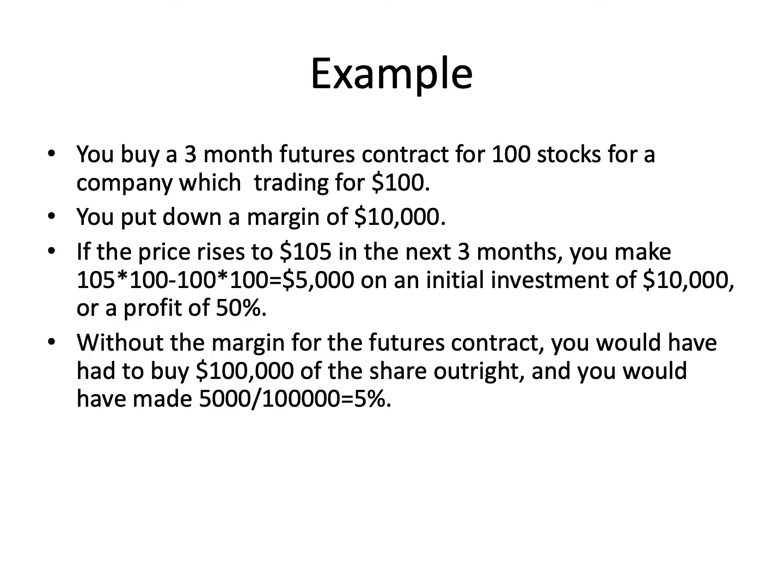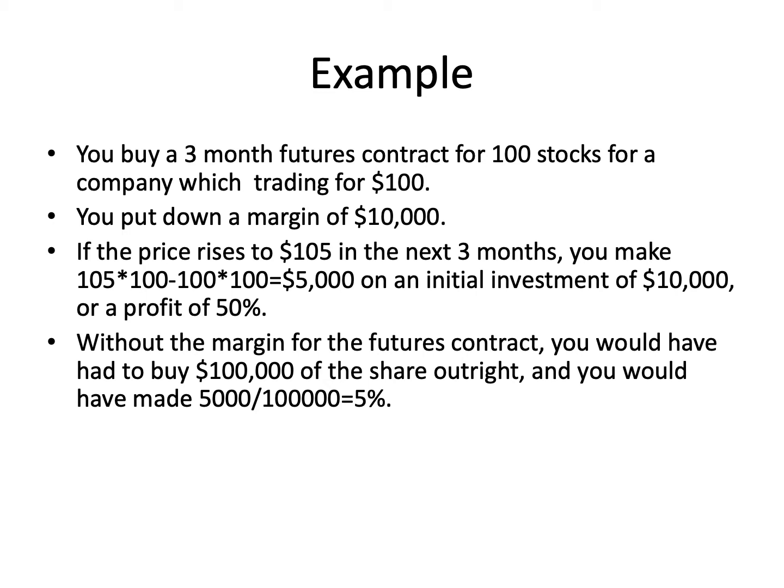Example. You buy a 3-month futures contract for 100 stocks for a company which is trading for $100. You put a margin down of $10,000, which is a lot less than if you actually had to buy the 100 stocks. If the price rises to $105 in the next 3 months, you make $5,000 on an initial investment of $10,000, or a profit of 50%.